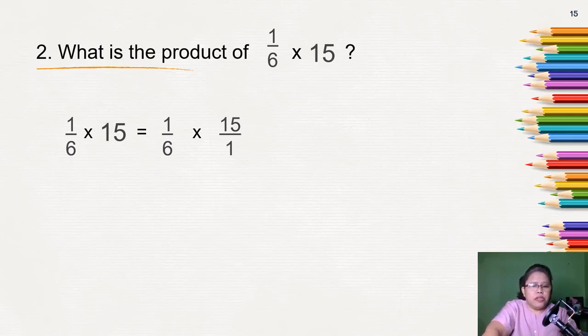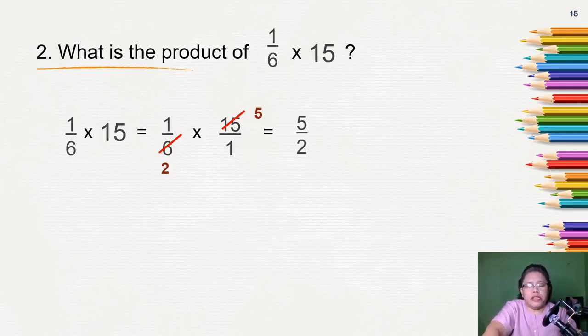Ang 15 din ay pwedeng i-divide by 3, di ba? So, cancel natin ito. Divide by 3, mayroon kang dalawang 3 dyan. And then, sa 15, mayroon kang 5. So, ang natira ngayon is 1 and 5, tsaka 2 and 1. So, sagot natin is 5 over 2. Kasi 1 times 5 is 5, 2 times 1 is 2.